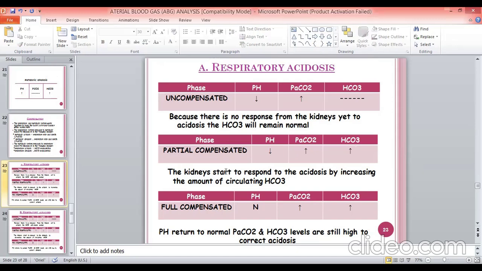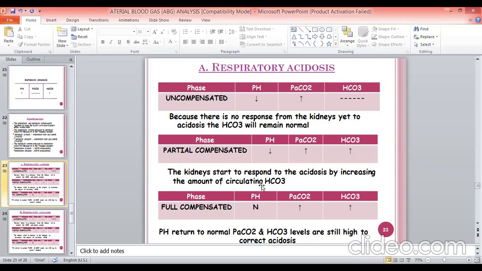The kidney starts to respond to the acidosis by increasing the amount of circulating bicarbonate in the blood. That means before compensation, the kidney does not respond. Once the compensation mechanism starts, the kidney responds by increasing the amount of circulating bicarbonate.